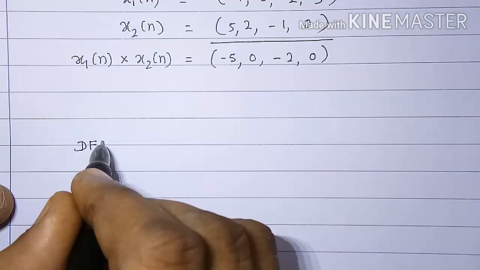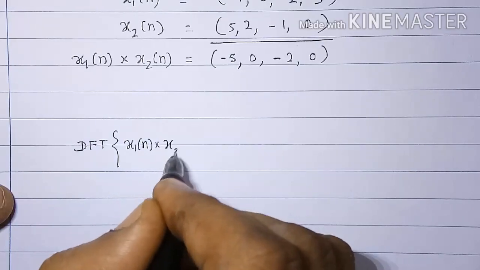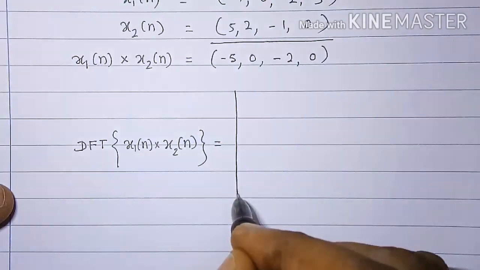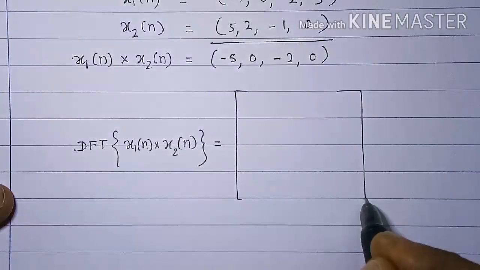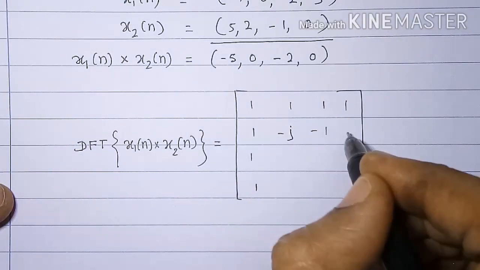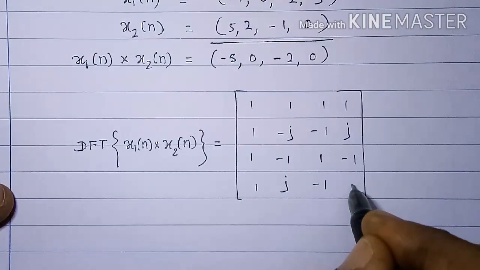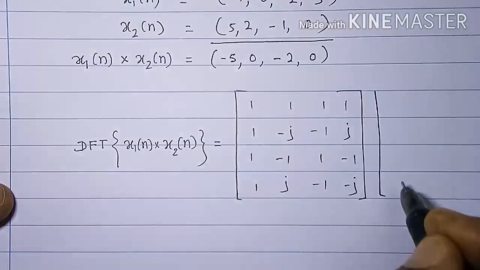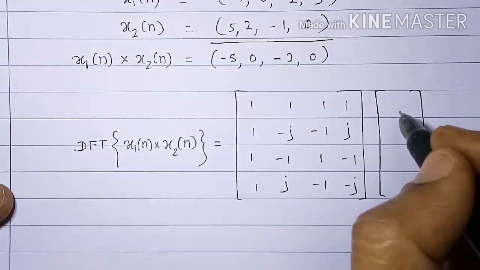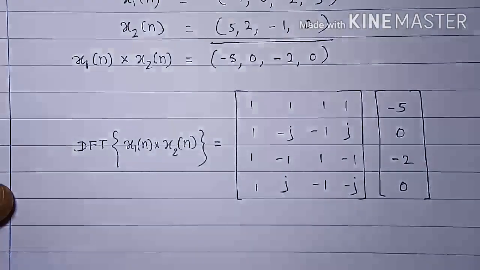So right here DFT of x1 of n into x2 of n, that is equal to, use matrix method, 1, 1, 1, 1, 1, 1, 1, 1, minus j minus 1 plus j, minus 1 plus 1 minus 1, plus j minus 1 minus j, into the product of x1 of n and x2 of n, which is minus 5 comma 0 comma minus 2 comma 0.